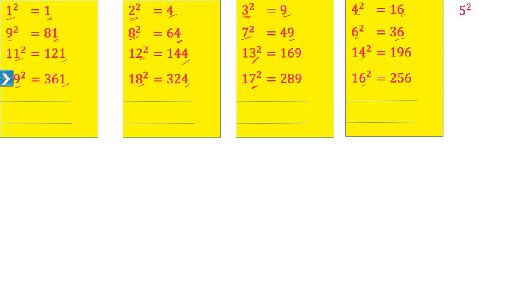Now see here, 5 square is equal to 25, 15 square is equal to 225, 25 square is equal to 625, 35 square is equal to 1225. See here, on the left hand side we have 5 in the units place. So its square ends with 5.